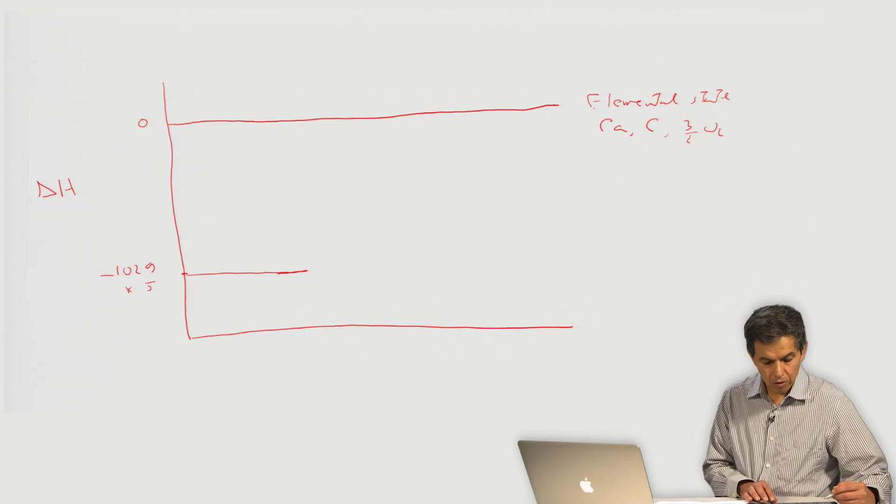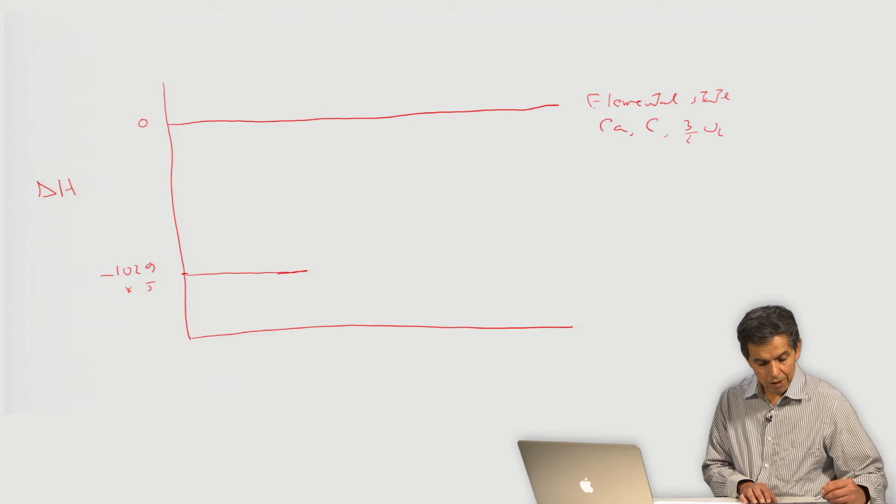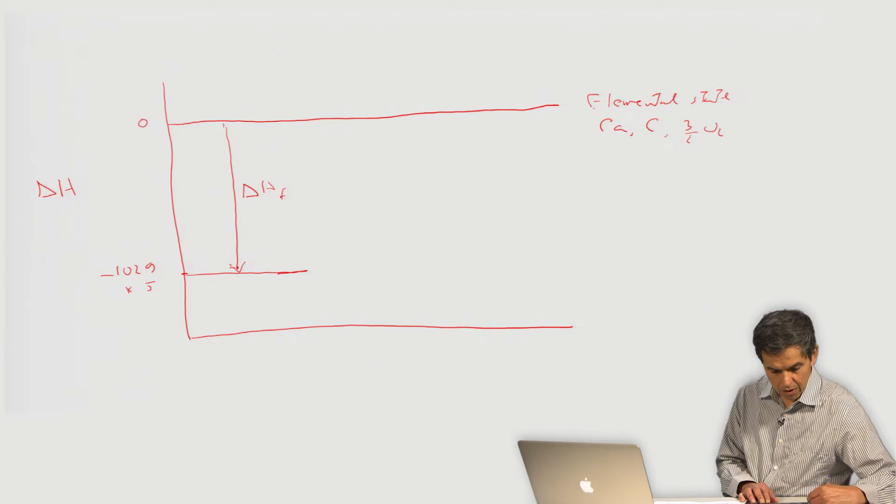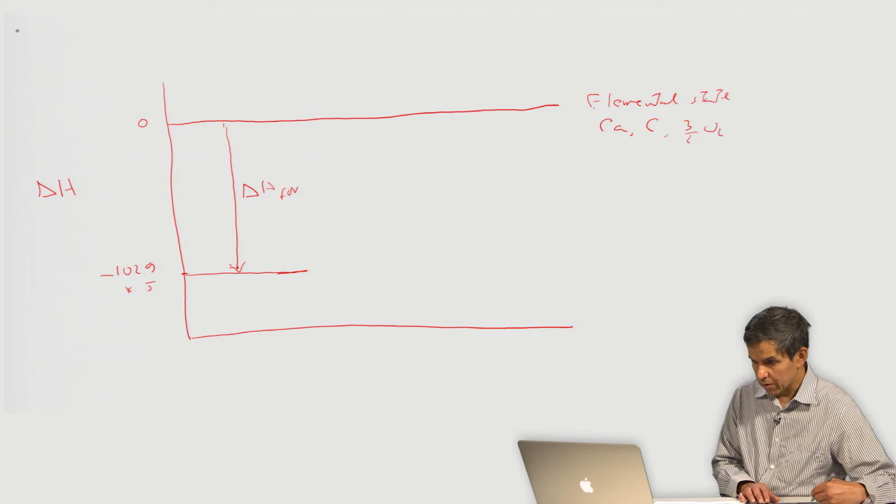So a delta H of formation will result from a transition that goes from the elemental state to this particular energy or enthalpy level here. In this particular example, delta H of formation will correspond to calcium oxide and CO2.